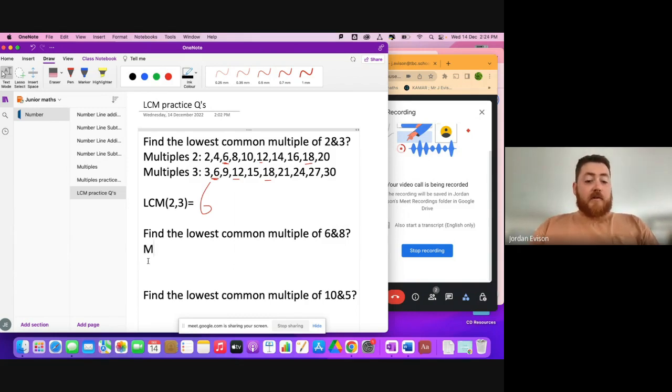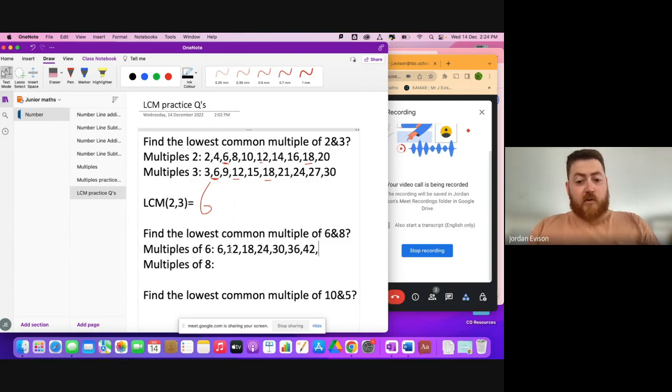The multiples of 6. And then we need to figure out the multiples of 8. Okay, multiples of 6: 6, 12, 18, 24, 30, 36, 42, 48, 54, and of course 60.